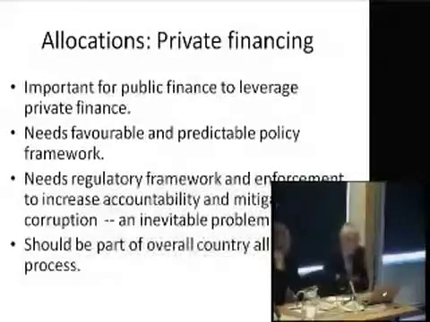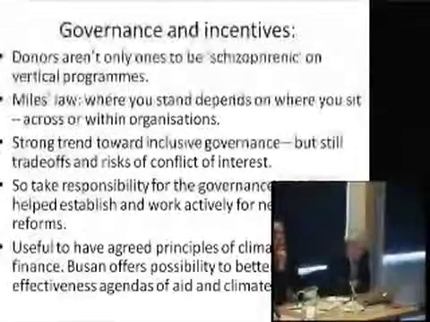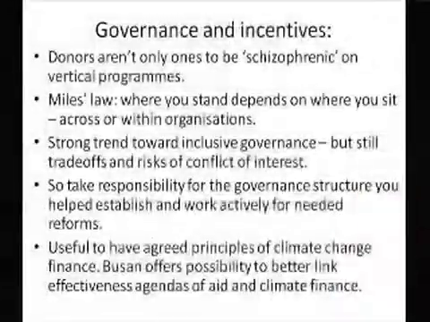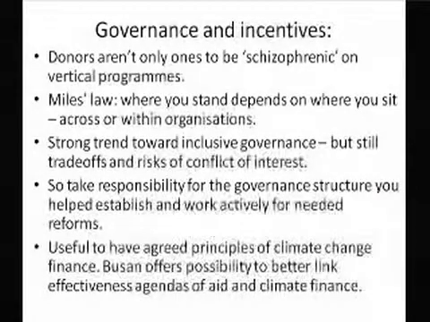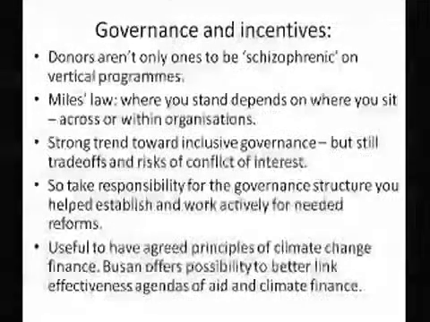Finally, on governance and incentives. Donors are not the only ones who suffer from inconsistent behavior on vertical programs. It applies to multilaterals, to developing countries, civil society, and the private sector. Richard already referred to how different ministers see things differently. Well, why is that?